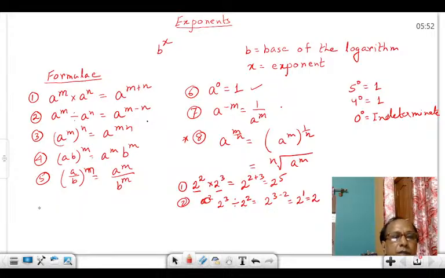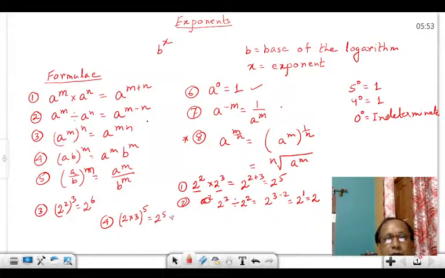And number 3, you see, is a to the power m to the power n. Suppose 2 to the power 2 to the power 3, that means the powers will be multiplied, written as 2 to the power 6, right? Number 4, ab to the power m. Suppose there is 2 into 3, and the power is 5, then it can be written as 2 to the power 5 into 3 to the power 5, right?